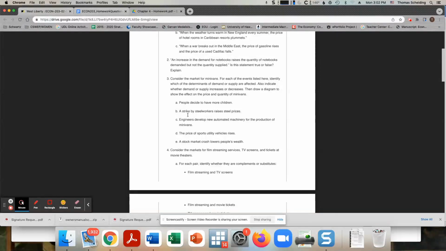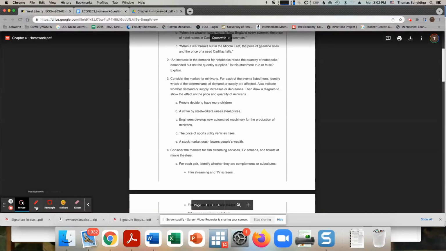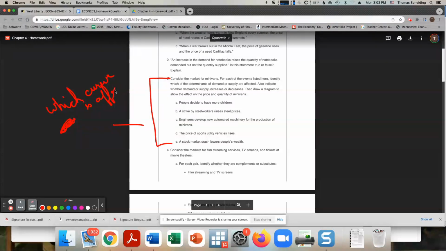So this again is called comparative statics. And what you ask yourself with each of these events in number 3 comes down to a process. You have to ask yourself, sorry, my handwriting is horrible here, which curve is affected?